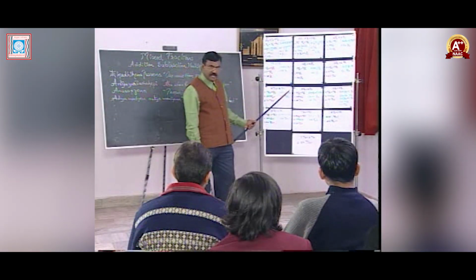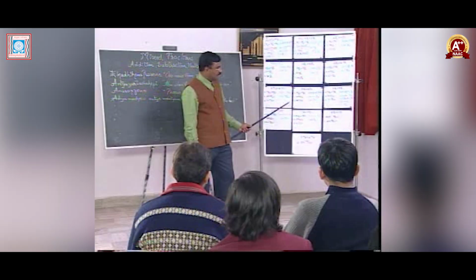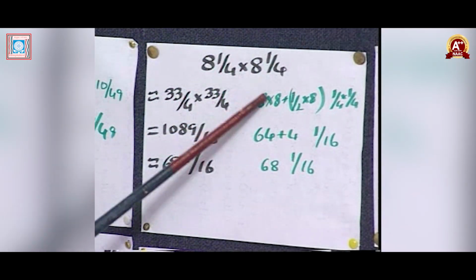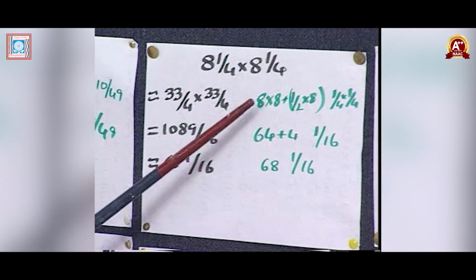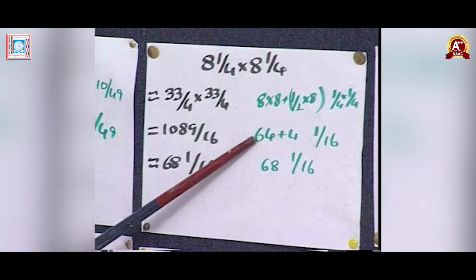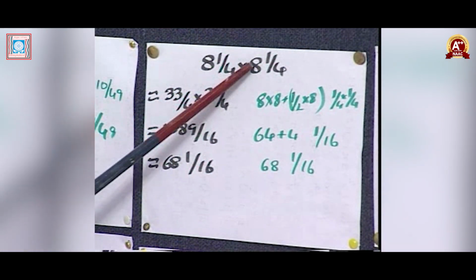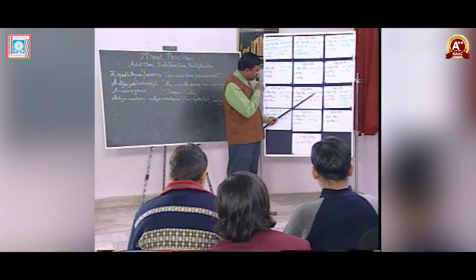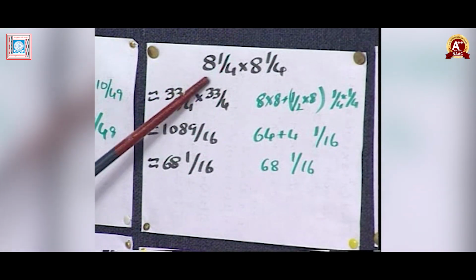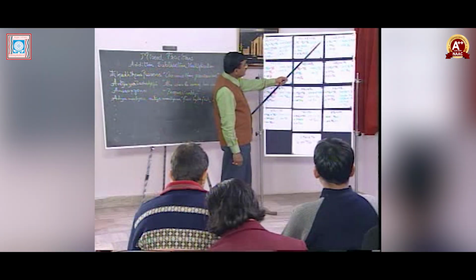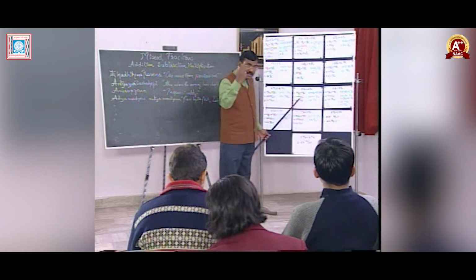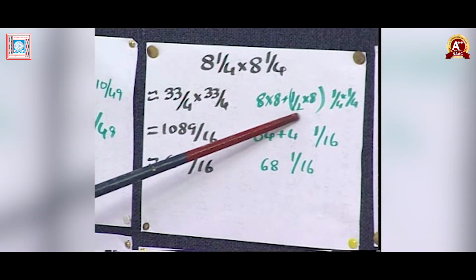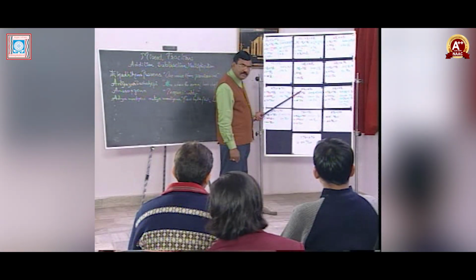By the Vedic method, Anurupena, proportionately, first you do the whole values, 8 into 8, which is 64. 1 by 4 and 1 by 4 gives 1 by 2 into 8. In the earlier cases with Ekadikena, you added 1. Here you are adding half of the whole value.